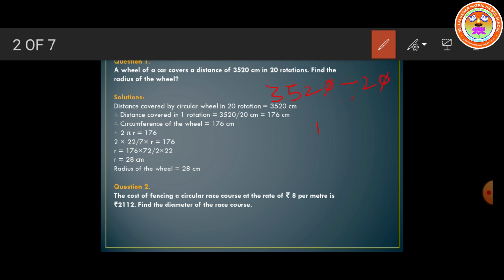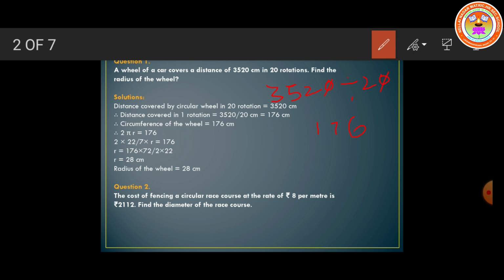Balance 1 is added to the next digit, making 15. How many times does 2 go into 15? 7 times. 2 sevens are 14. Balance 1 is added to 2, making 12. How many times does 2 go into 12? 2 sixes are 12. The answer is 176 centimeter.